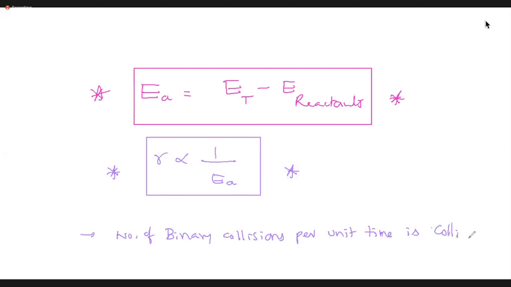We denote it with a capital Z. Collision frequency is nothing but the Arrhenius factor A. So Z or A, you can write.